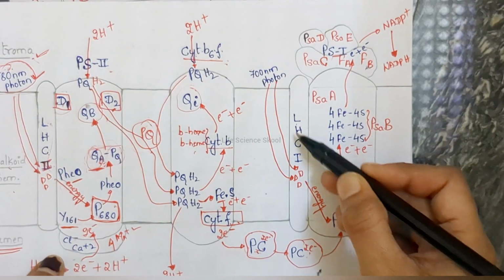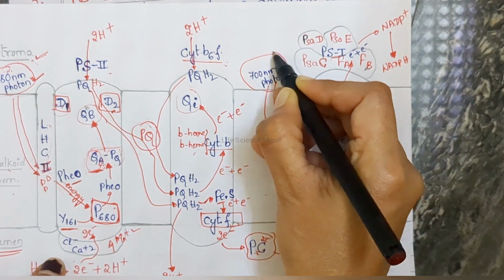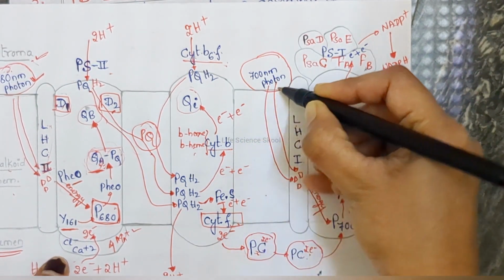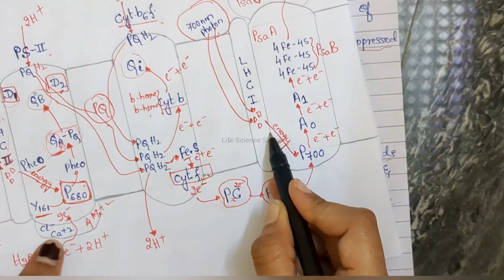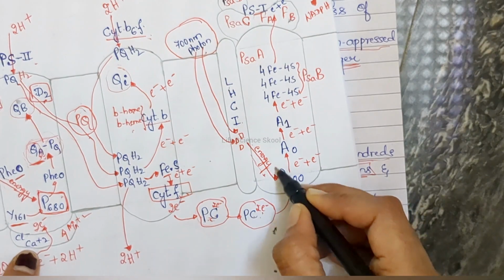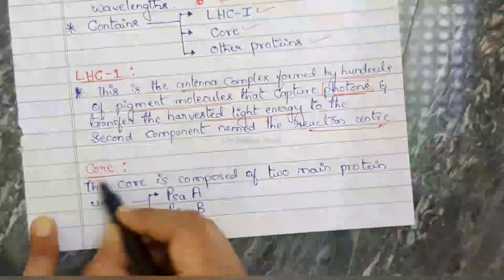These light harvesting complexes absorb the radiant energy of 700 nanometer photons and transfer this energy to the reaction center, and in case of PS1 the reaction center is P700.